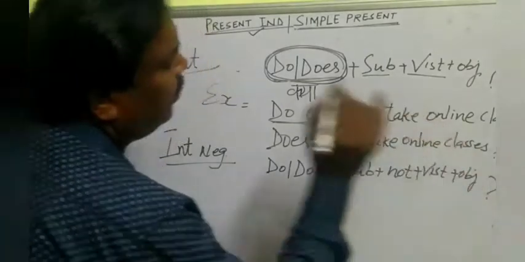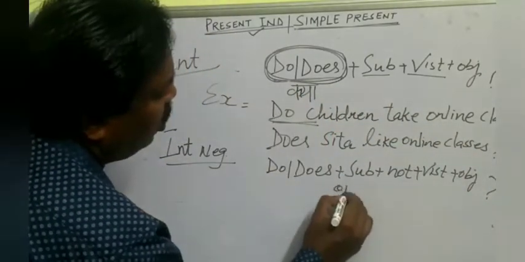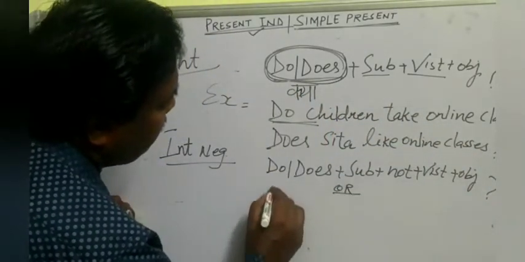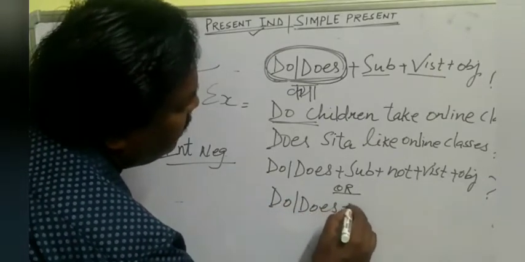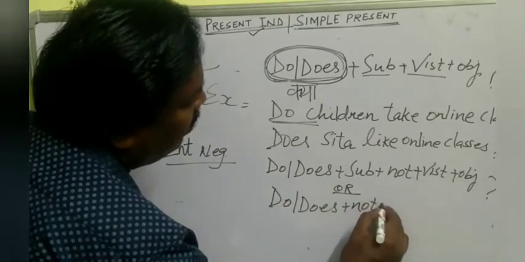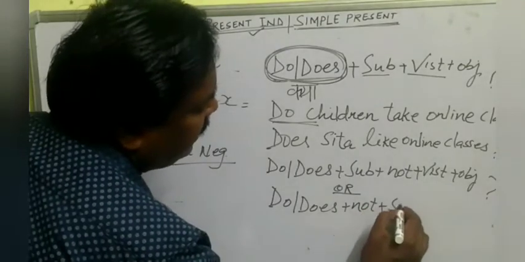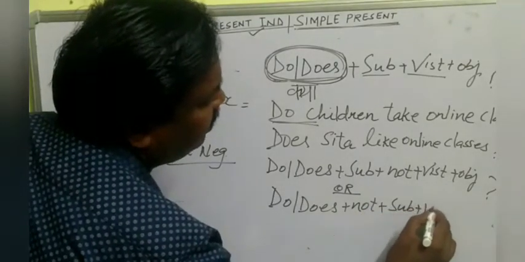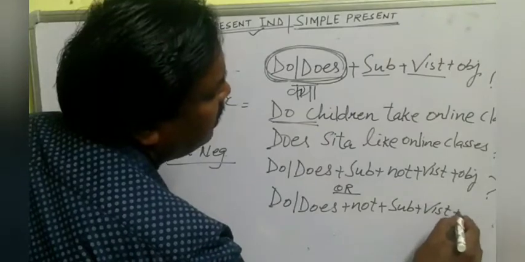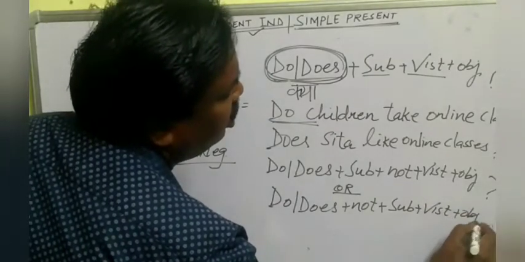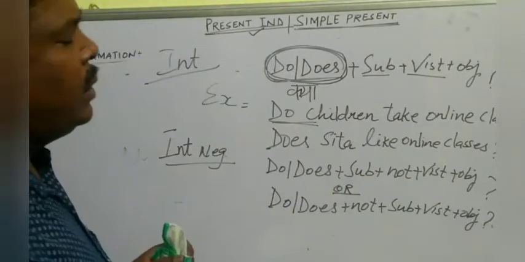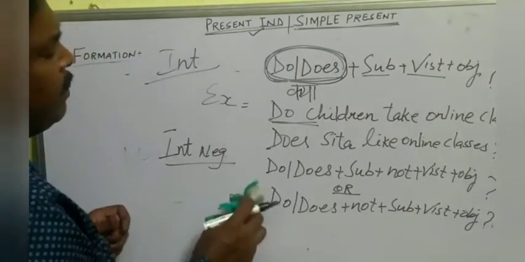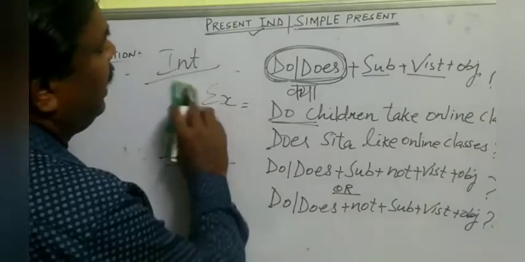Is it clear? Or we can write this sentence as do or does plus not plus subject plus first form of verb plus object. In this structure, we can also write these sentences. Okay? Give example in interrogative negative.